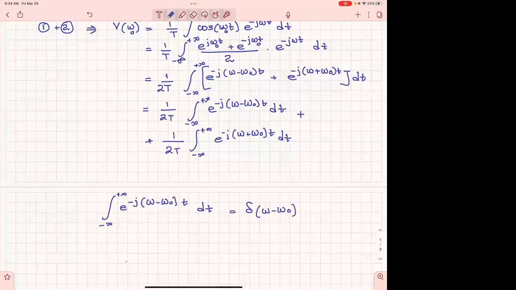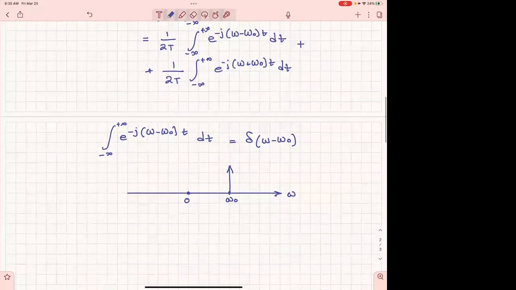The delta function is a function here. If this is omega and this is 0, for example, and this is omega naught, the delta function is something like that. It is a function that has an infinite value, but say 1 in our case, at one point. That's the delta function. It has a value at one point only.